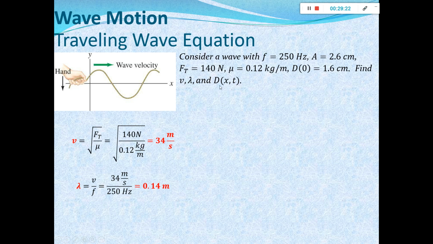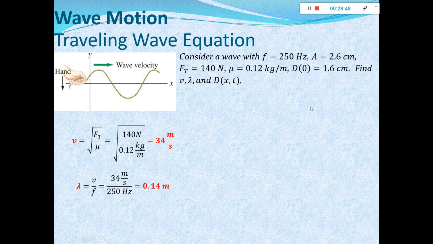And then here, where I'm going to find the equation for the position of the wave at any position in time, I'm going to have to make sure I use this. The fact that it has an amplitude of 2.6, but it's starting at a height of 1.6, tells me that there is going to be a slight phase shift.